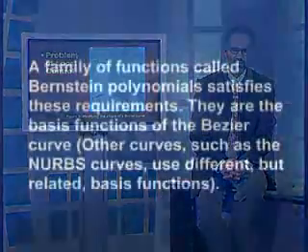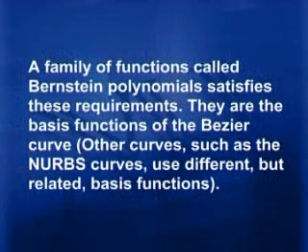For instance, अगर आप नीचे वाली फिगर को देखिए तो we have P0, P1 and P2 primarily. लेकिन अगर हम ऐसा करें कि हम कहें कि जी P0 is the first point और जो second point है वो P1 है और उसी लोकेशन पे एक और पॉइंट P2 भी है और उसी लोकेशन पे एक और पॉइंट P3 भी है और फिर we have point P4 as the last endpoint. तो उस सूरत में आप देखेंगे कि you can increase the skewness of the curve defined by the set of control points. A family of functions called Bernstein polynomials satisfies these requirements, and they are the basis functions of the Bezier curve.